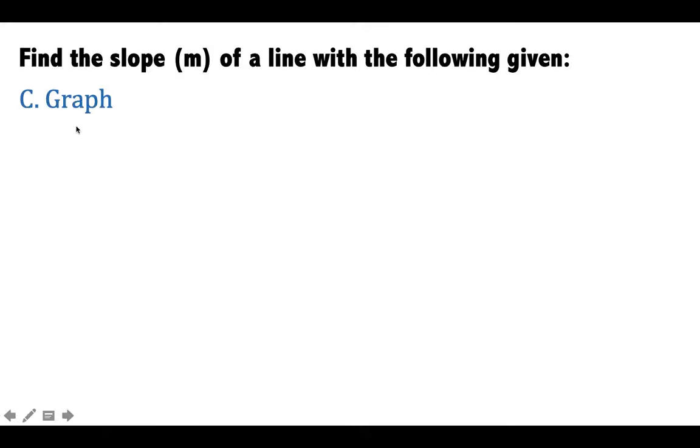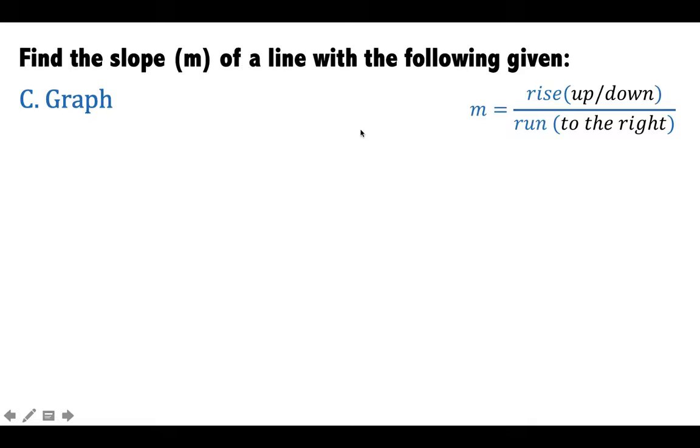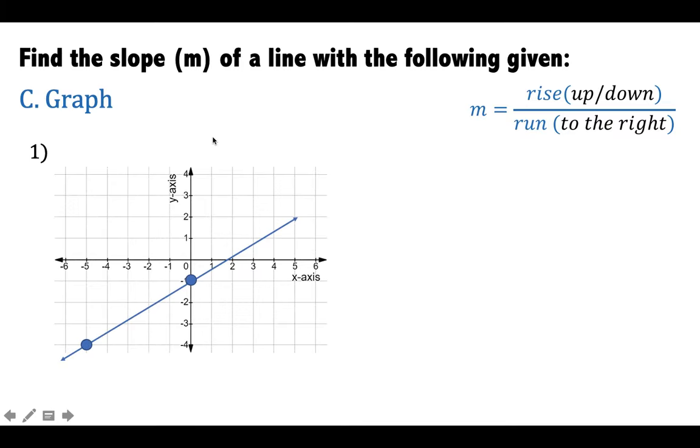Lastly, what if the graph is given? You're going to use this pattern. The slope is equal to rise over run. The rise will be the numerator. Go up if it is positive, go down if it is negative. Then run is always going to the right direction. In this given, we have a line.